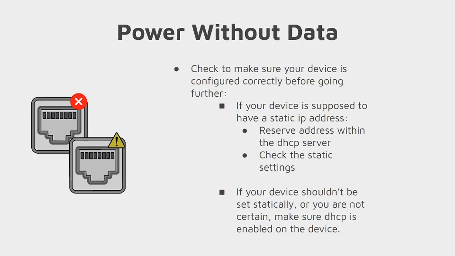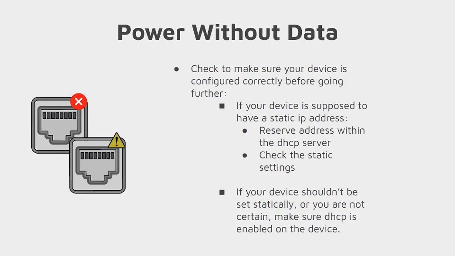Another thing is to make sure that the IP address you're using is reserved within the DHCP server. Just because you're using it doesn't mean the DHCP server is going to be aware of that, and it could still hand out that same address. And then when it does, you have a conflict and your device doesn't work. So handle those 2 things first if it's a static connection.